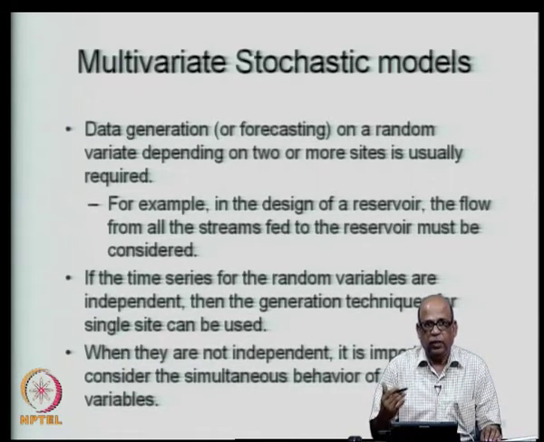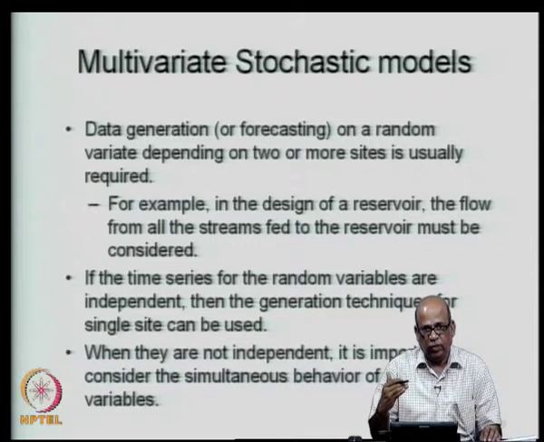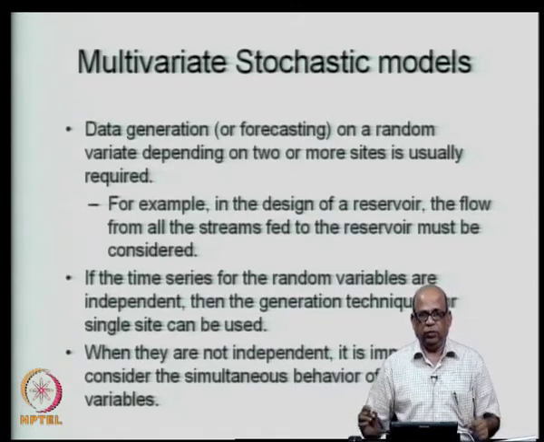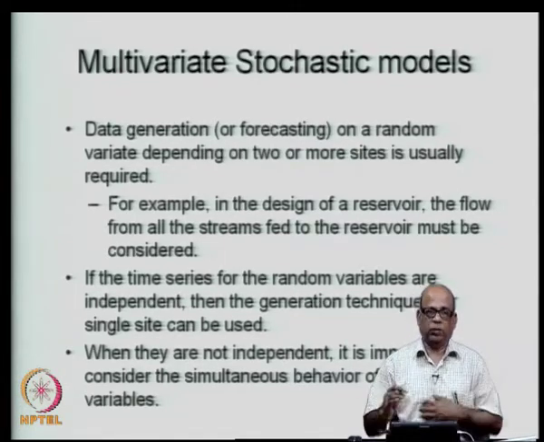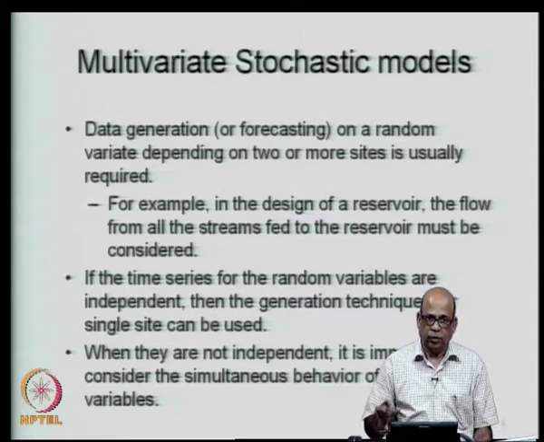Now, in the multivariate case, we are interested in data generation at more than one site. As I said, you are looking at the design of a reservoir at a particular location. Now, the flows may have been contributed by several of these random variables x1, x2, up to xn, and therefore you are interested in generating data at all these locations simultaneously.